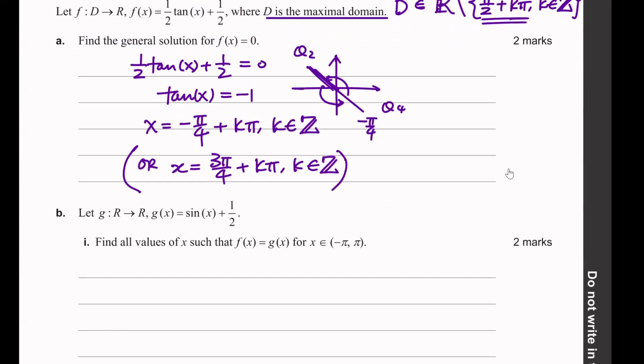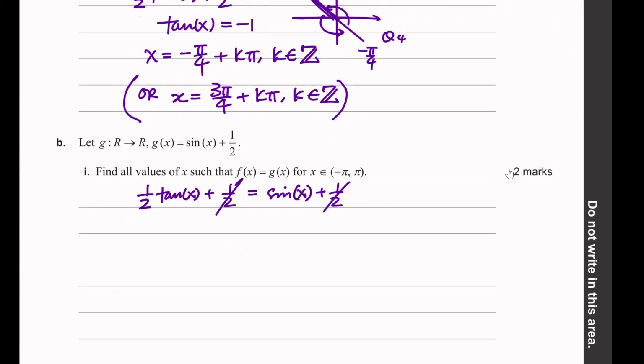g is sine x plus half. Find all values of x such that f x equals g x for x between minus pi and pi. Okay. First of all, I equate these two equations. Half tangent x plus half equals sine x plus half.